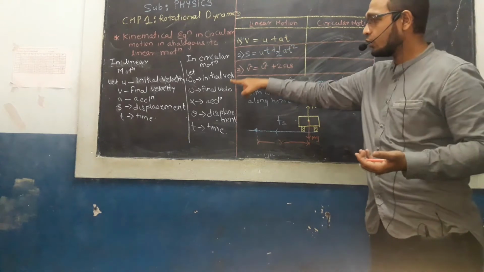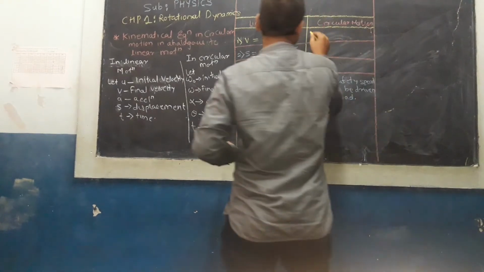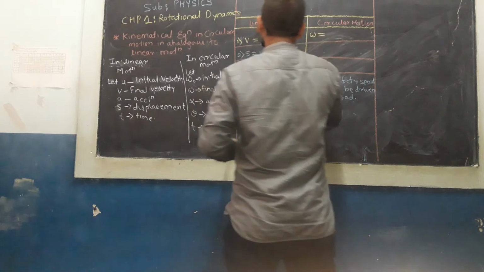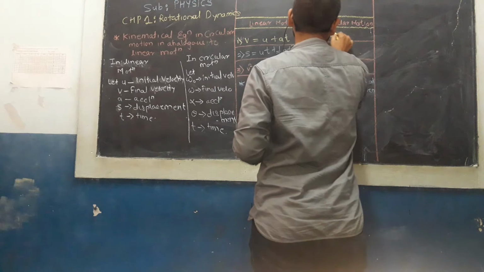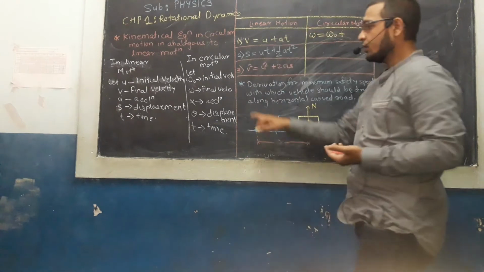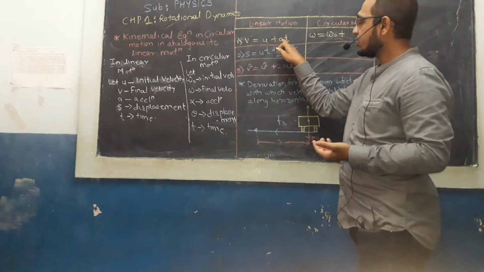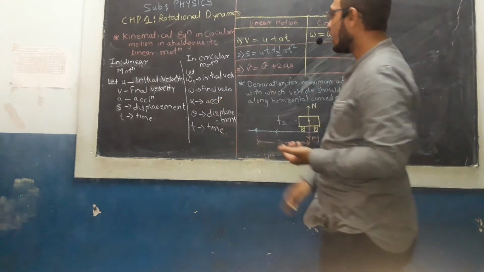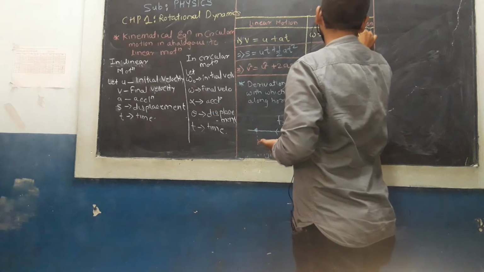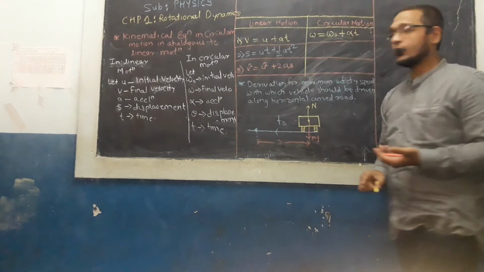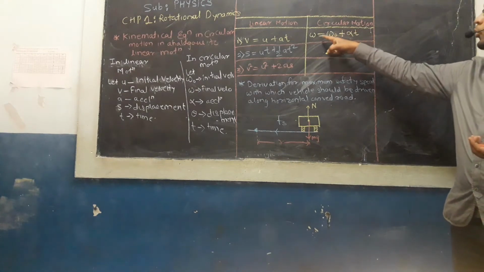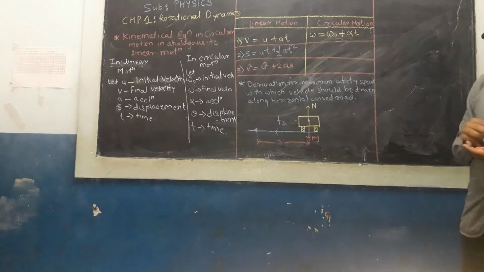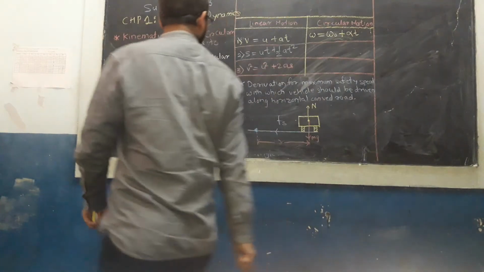Final velocity here is omega, initial velocity is omega 0, plus acceleration, which here is alpha, into t. So the first kinematical equation in circular motion is omega equal to omega 0 plus alpha t.